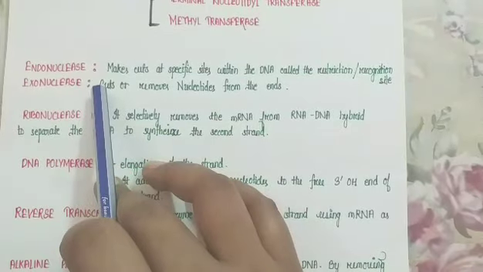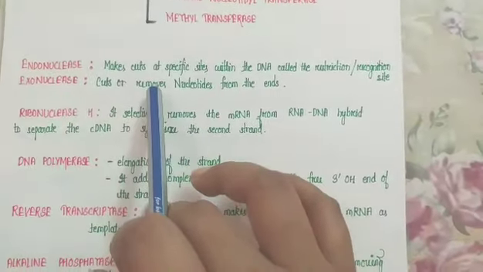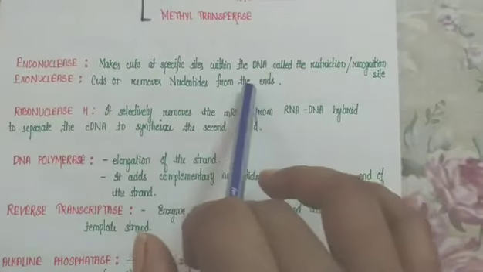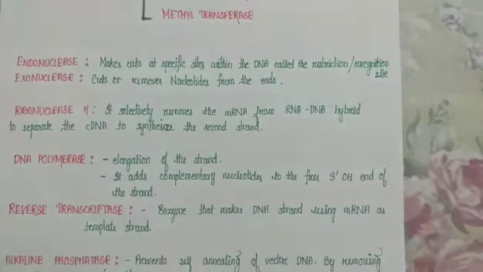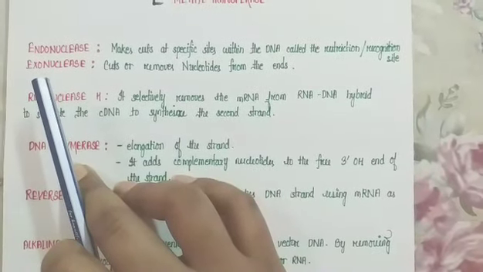Now, what is the difference between endonucleases and exonucleases? Exonucleases are also restriction enzymes which make cuts, but they cut only at the end of the DNA molecule. For example, you have a stretch of DNA.